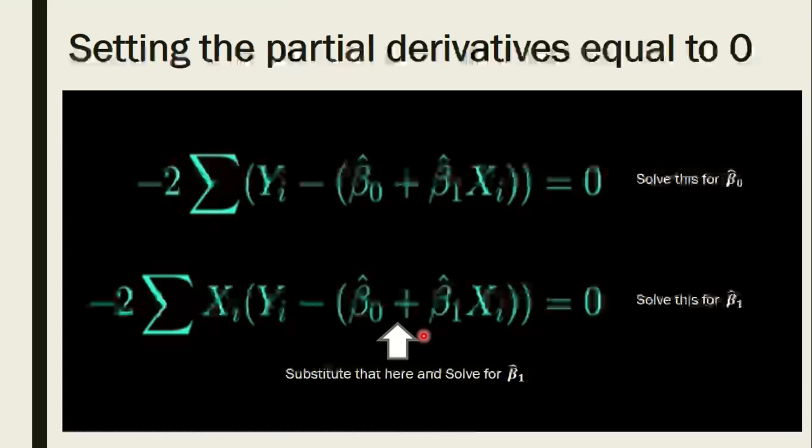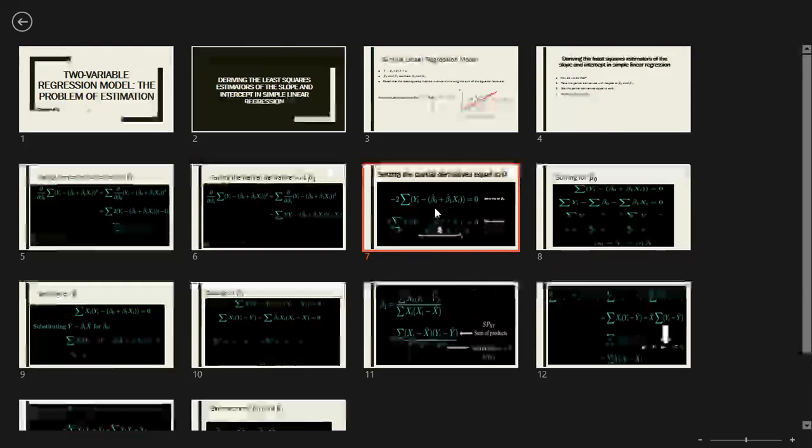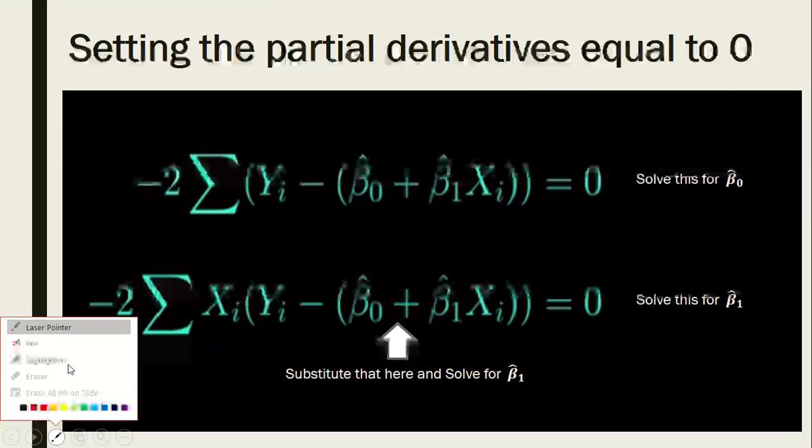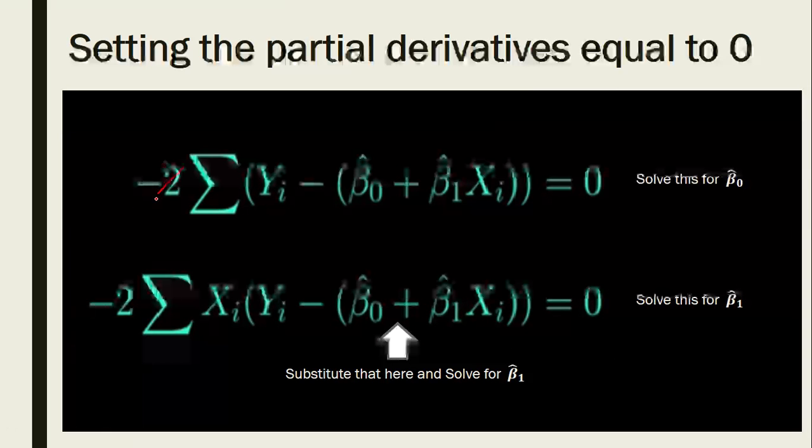Note that we can simplify this right away by dividing by minus 2, as that term disappears because the other side is equal to 0.